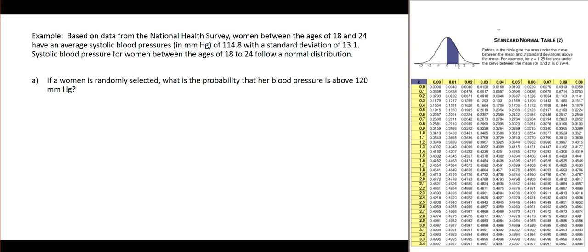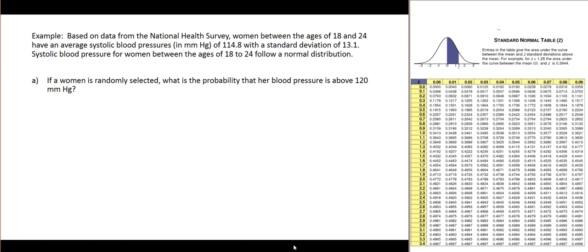Based on data from the National Health Survey, women between the ages of 18 and 24 have an average systolic blood pressure of 114.8 with a standard deviation of 13.1. Systolic blood pressure for women between the ages of 18 to 24 follows a normal distribution. So that means that we can actually use our normal table over here on the right.